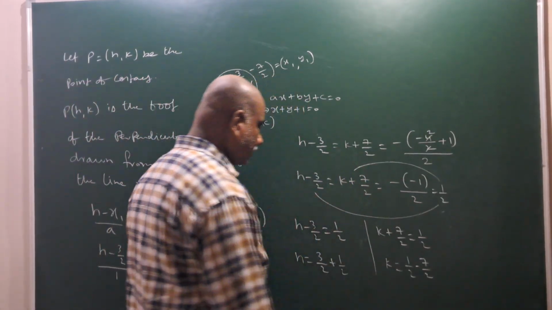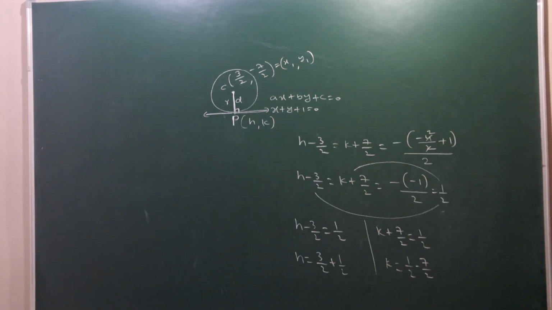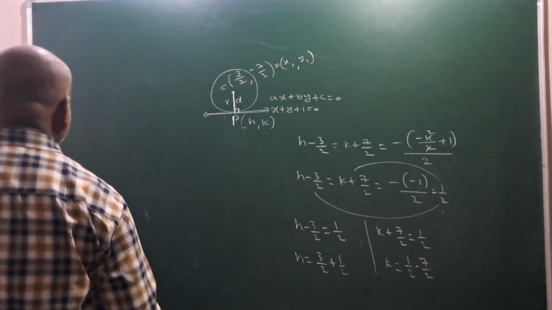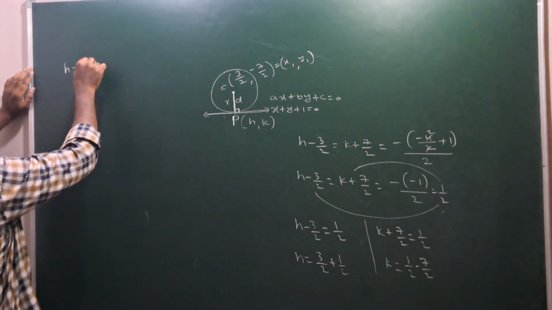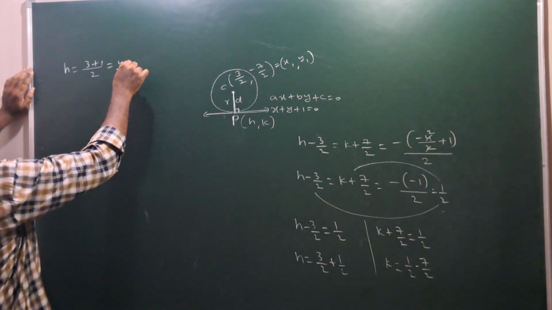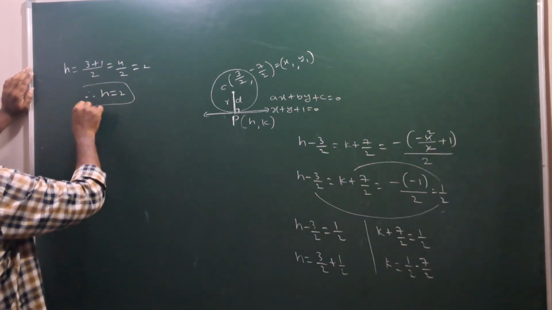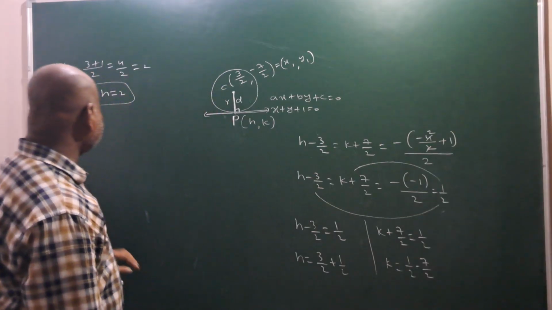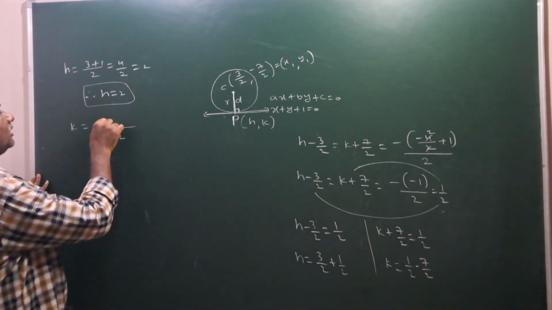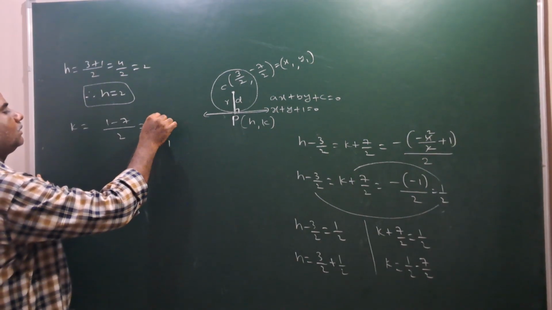Okay, continuation. So h is equal to 3/2 + 1/2. Take the LCM, 2: (3 + 1)/2, which is 4/2, which is 2. So finally h is equal to 2 we get, and k is equal to 1/2 - 7/2. The LCM is 2: (1 - 7)/2, which is -6/2, which is -3.